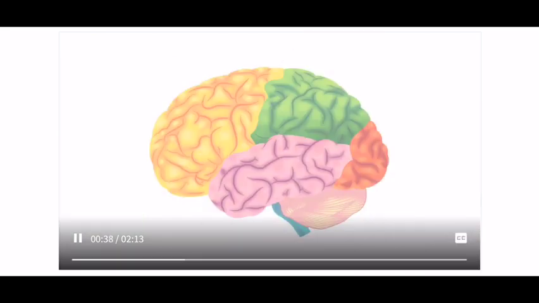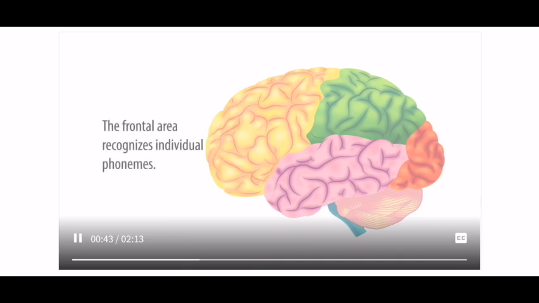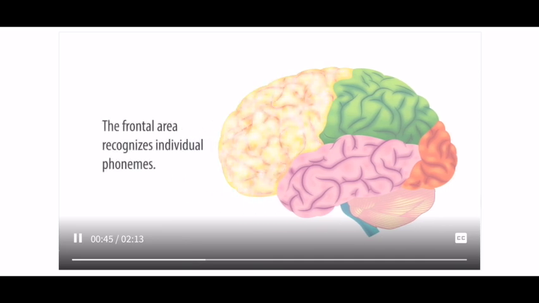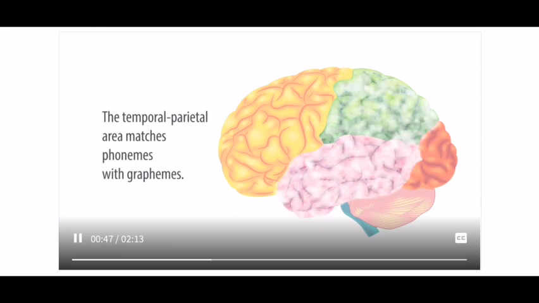In Unit 1, we examined images of a good reader's brain at work. Two areas are crucial for processing speech sounds and connecting them with print. The frontal area recognizes individual phonemes. The temporal-parietal area matches phonemes with graphemes. Of course, processing text involves several complex functions.